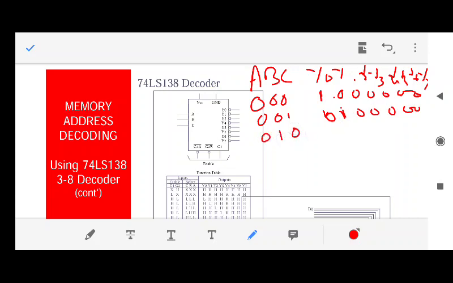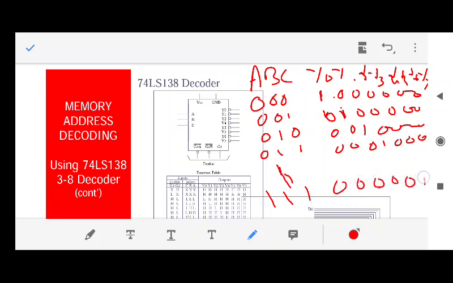Similarly 0 1 0, the third will be selected, rest will be disabled. 0 1 1, the fourth will be selected, rest will be disabled. Similarly till last one is 1 1 1. So all are disabled, only the last one, that is Y7 will be selected.